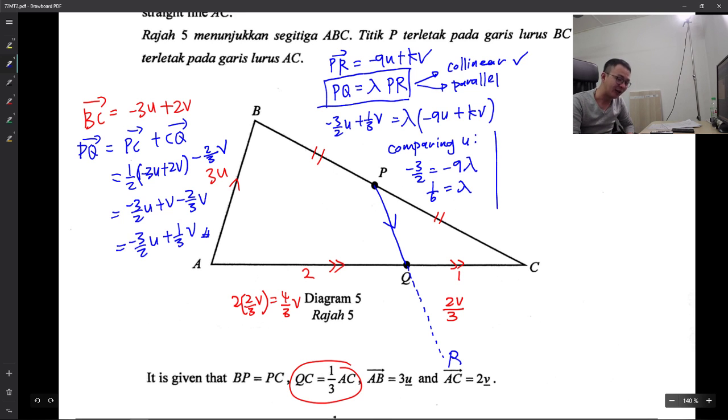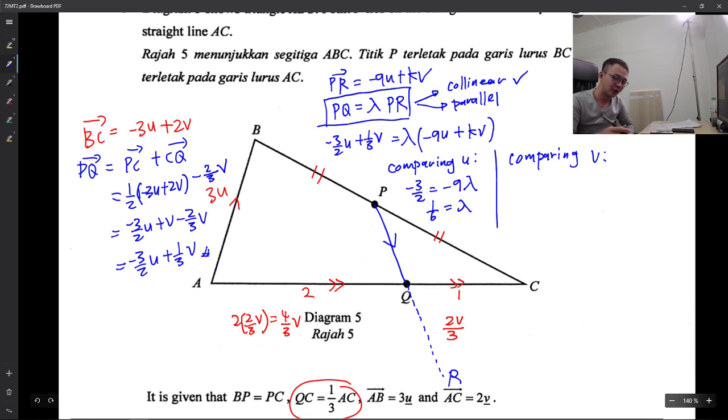So then next I will compare V. I will take the V value from both sides, from here, and the V value from here after I multiply the lambda into it. So therefore, I will get 1 over 3 equals K lambda.